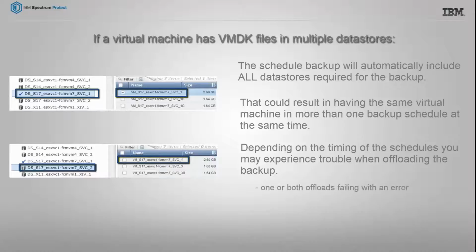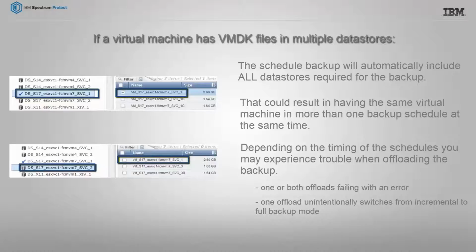One or both parallel virtual machine backups are failing with an IBM Spectrum Protect error message, or one virtual machine backup is switching from incremental forever incremental mode to incremental forever full mode with a Spectrum Protect warning message, or both of your backups are performed successfully.